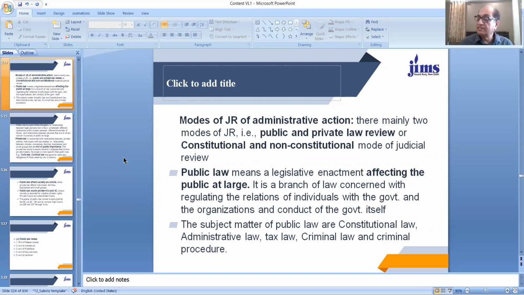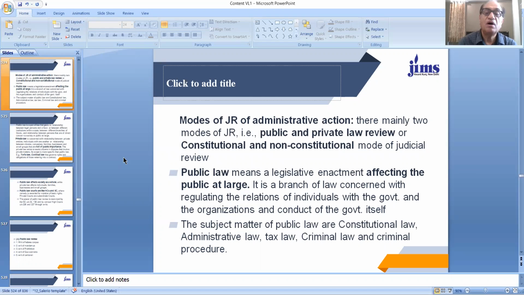Now let us see what are the modes of judicial review of administrative action. There are mainly two modes of judicial review, that is public and private law review. Or in other words, you can classify these two modes of judicial review as constitutional and unconstitutional mode of judicial review.